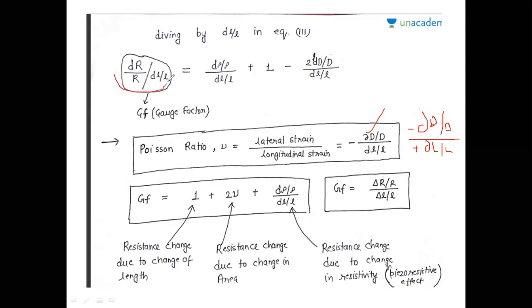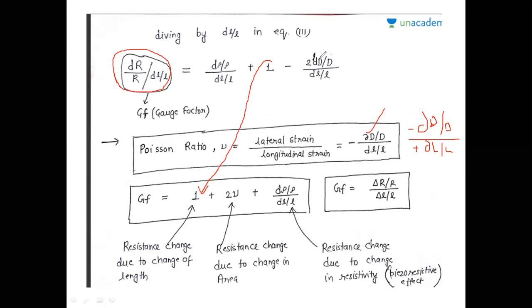This is called gauge factor: change in resistance by original resistance, by change in length by original length. Gauge factor equals, see here, I'm taking one here.